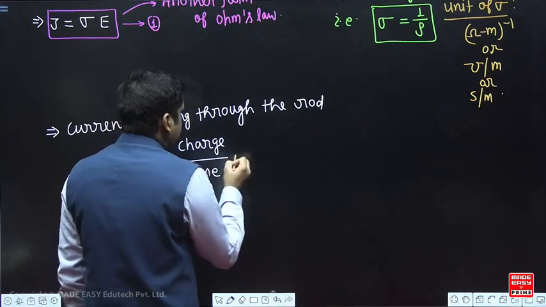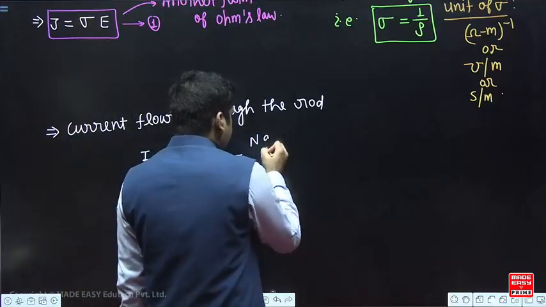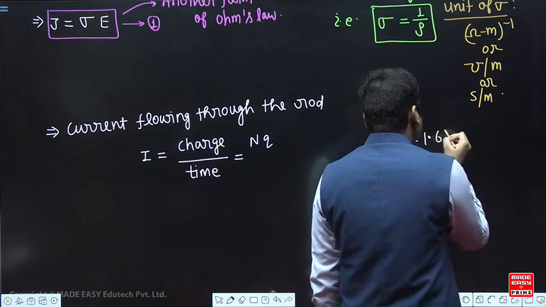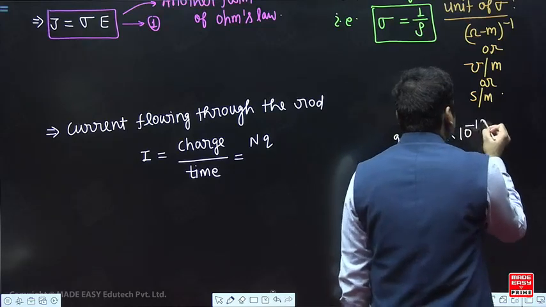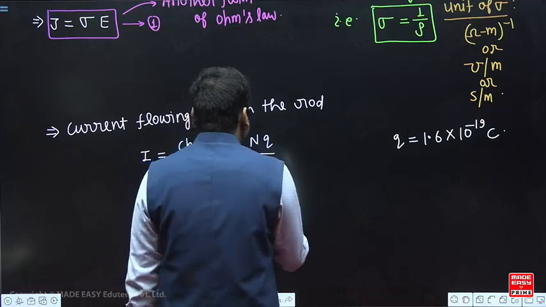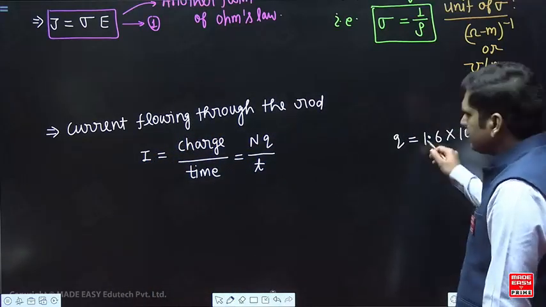How much charge is there? Total n electrons. Each electron is having q coulomb charge. q is the magnitude of electronic charge. I may have told you in the very beginning. This is given like this. And time taken by these charges to move from one end of the material to the other end.